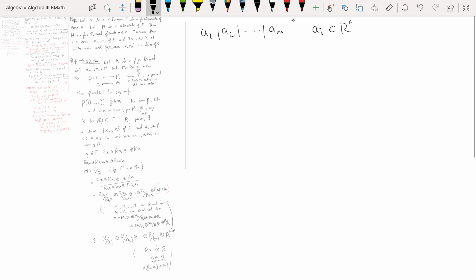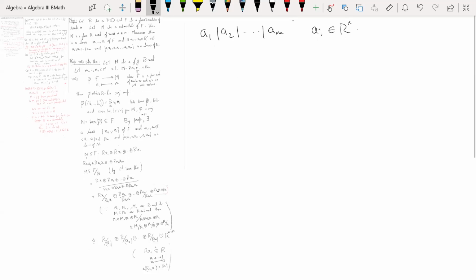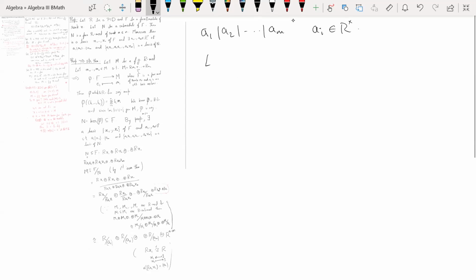Anything which divides a unit has to be a unit. So let's say A1 to AR are units, with R less than or equal to M. If AR is a unit, anything before that will also be a unit.